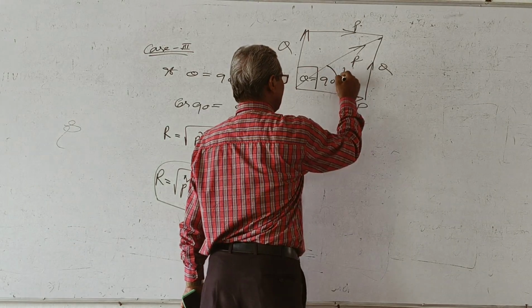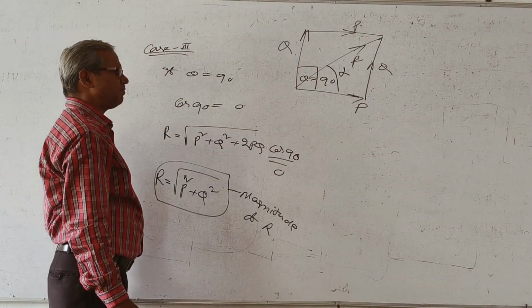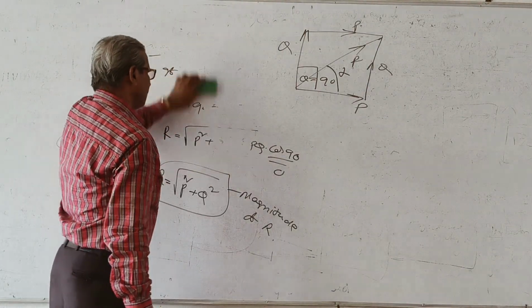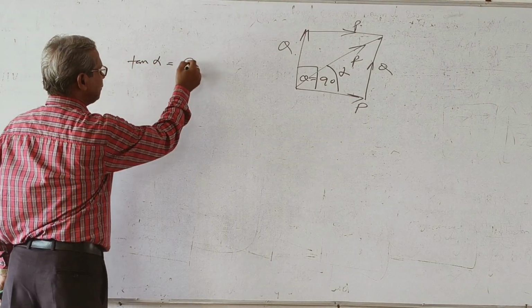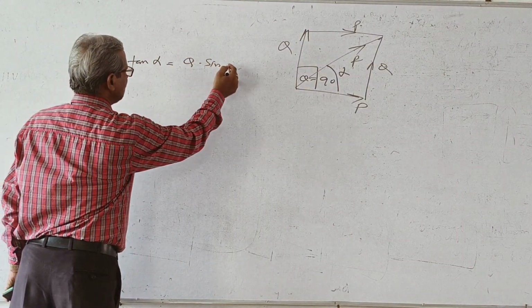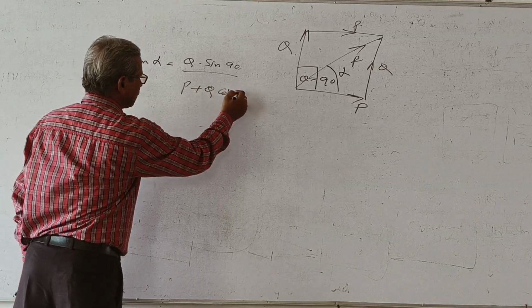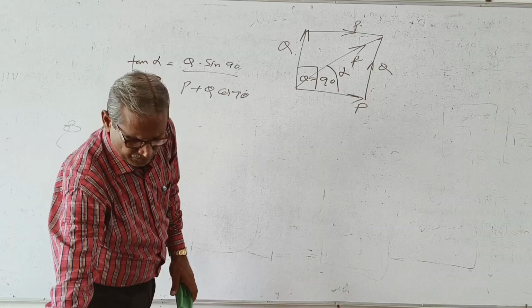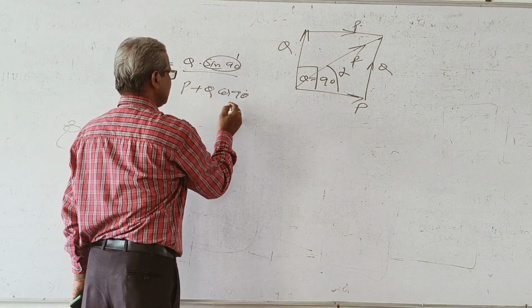Suppose this is alpha. Direction. Alpha means the direction of the resultant force. Tan alpha is equal to Q sin 90 by P plus Q cos 90. Sin 90 is 1, cos 90 is 0.